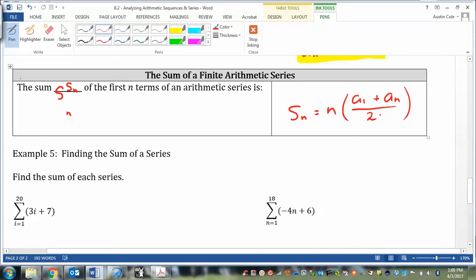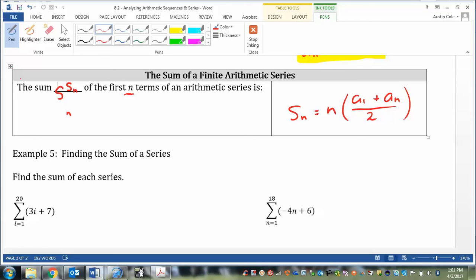What was the first part? Let me go back all the way, Cole, because it says the sum, which is S sub n, so we're finding the sum of the first n terms. So if I want to find the first 7 terms, 7 is n, in an arithmetic series. So n represents the number of terms that we're finding, the first 7 terms, the first 23 terms, whatever that is.